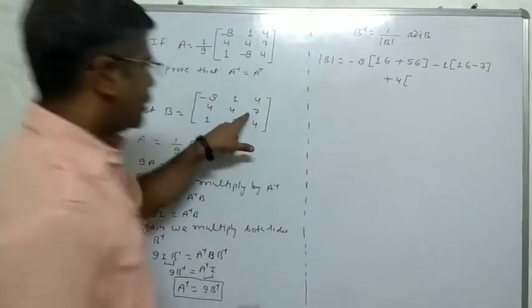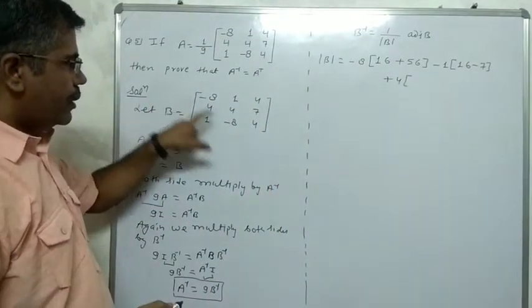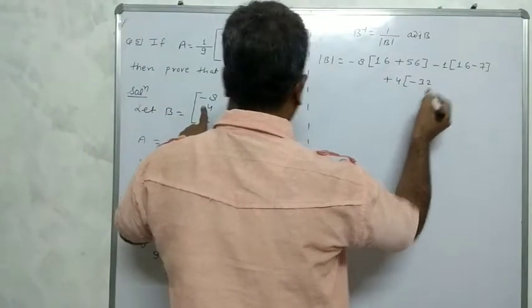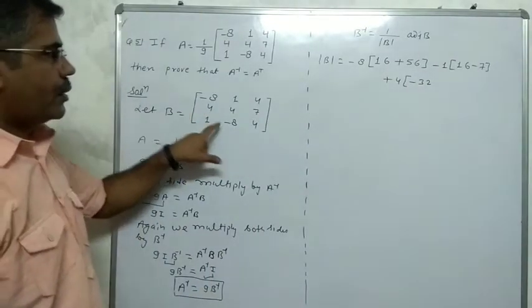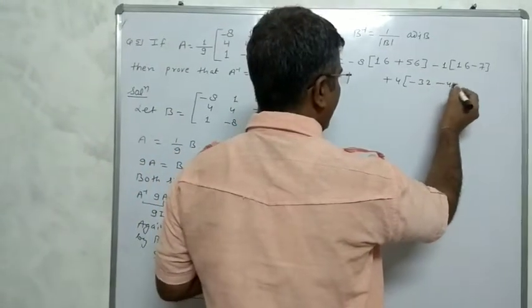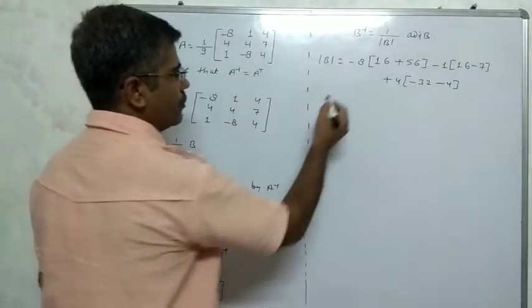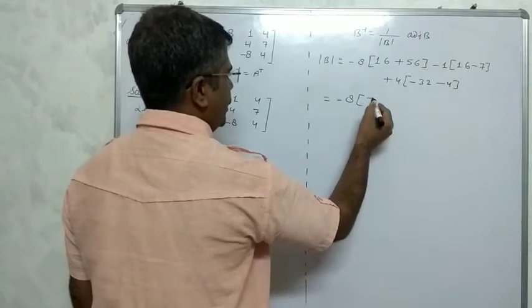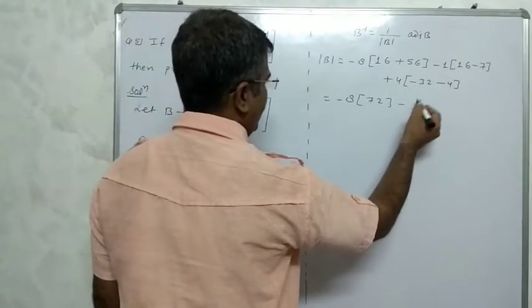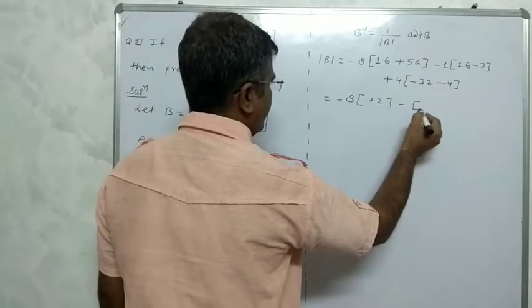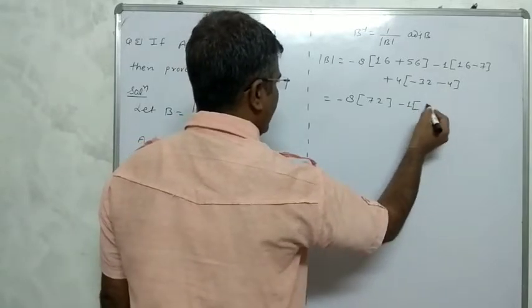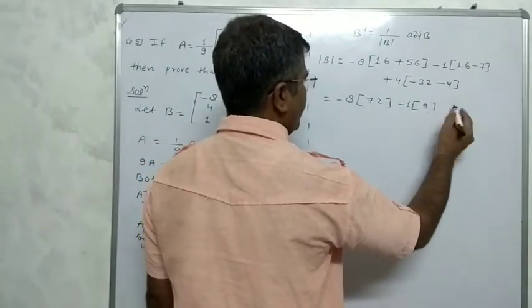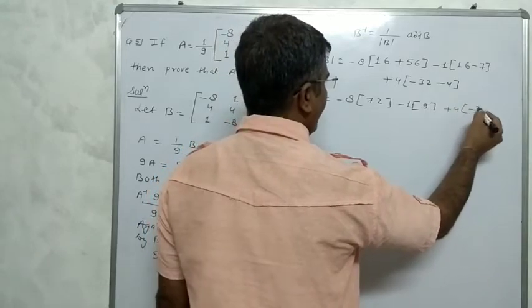Plus 4 as it is, this column and this row delete, 8 4 is 32 and minus 32. Minus 4. So -8 into 72, 9, plus 4 into minus 36.